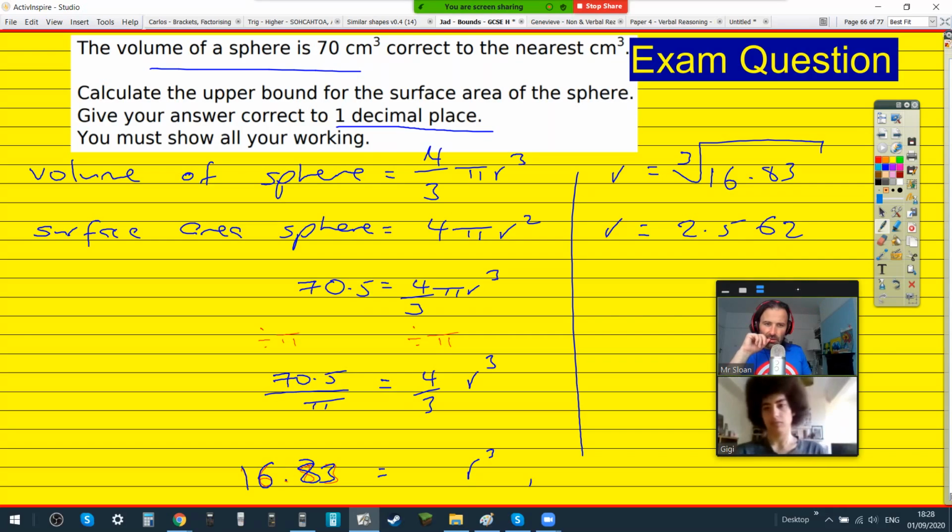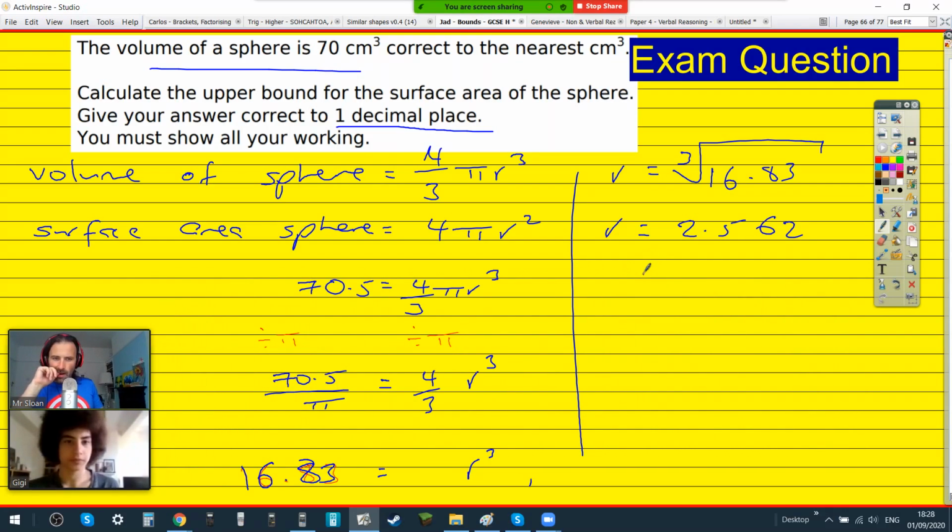What does the question ask for? The surface area.